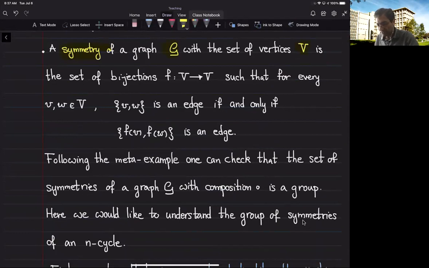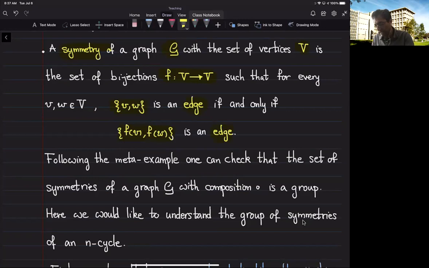By symmetries of this graph, we mean a bijection f from the set of vertices to itself, so that for two vertices V and W, V is connected to W, this is an edge, if and only if f of V is connected to f of W.